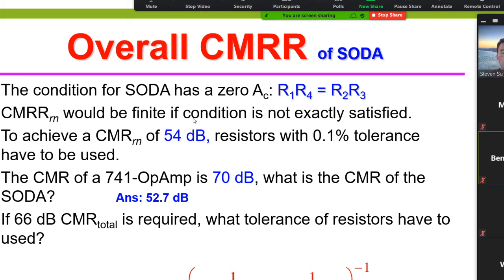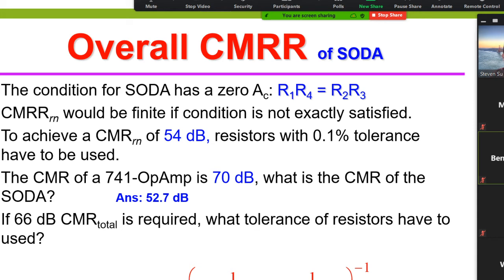But when you purchase 0.1% tolerance resistors, so this is already a very high quality resistor, and you build the circuit, your total CMRR dropped from 70 dB to 66 dB. So that means the overall is dropped.